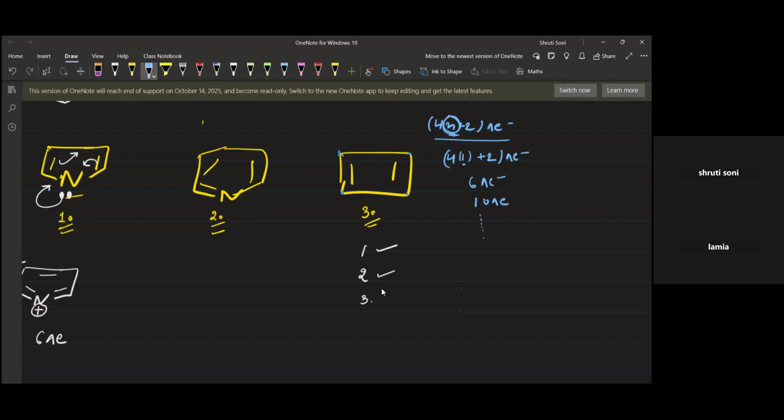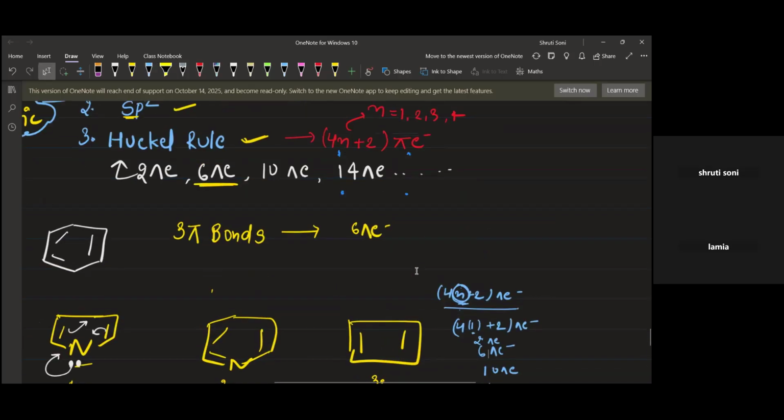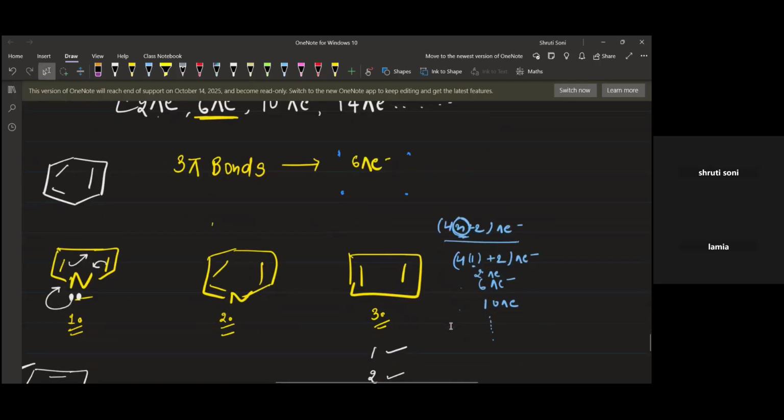If n is equal to 0, how many pi electrons? 2 pi electrons. So we only need to remember that if any compound has 2, 6, 10, or 14 pi electrons, then it will follow Huckel's rule.